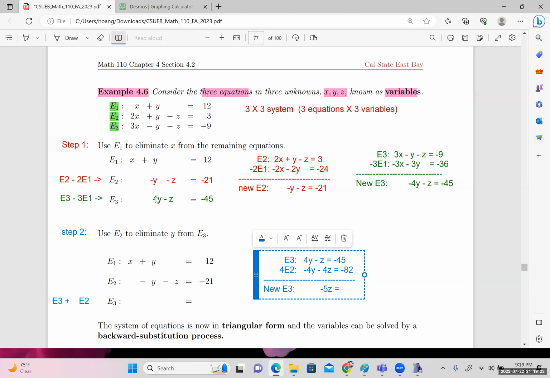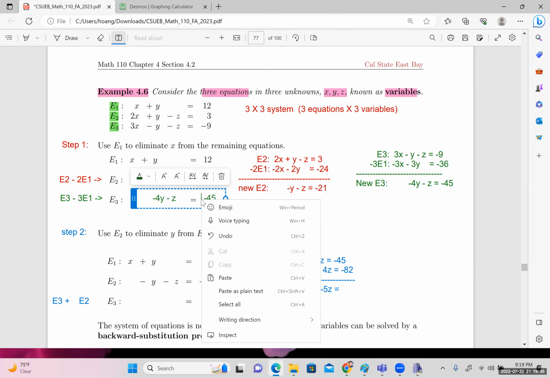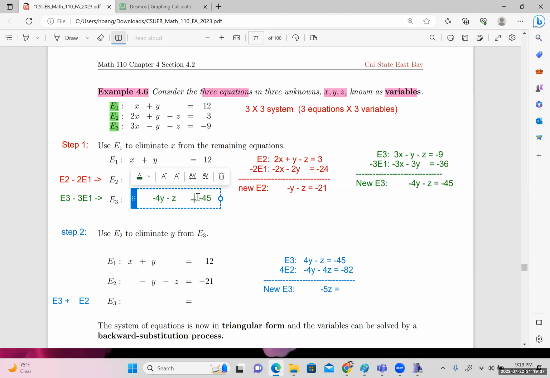Oh, I made a mistake here. You see, the new E3 is supposed to have a negative here, right? Okay, almost made a big mistake. So we really have to watch out for each step.